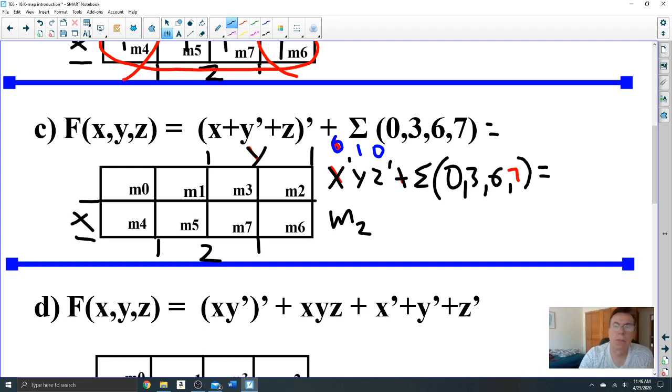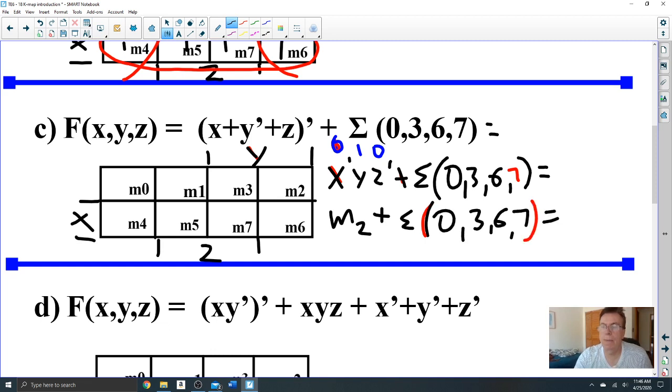All right, let's change it to black, plus sum of min term 0, 3, 6. So what we have basically is sum of min terms 0, 2, 3, 6, 7. All right. Min term 2, I incorporated this right here. This is crazy.